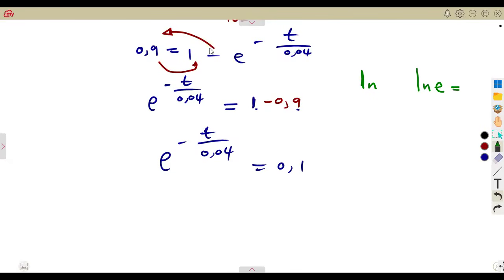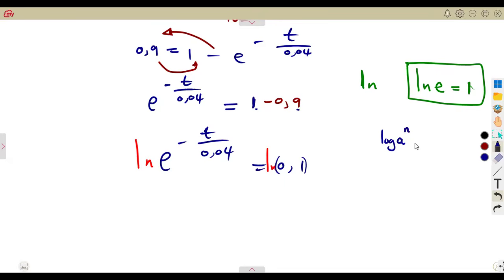By introducing the ln on this side, and also introducing a ln on this side, what is going to happen? Remember, the logarithm of a to the exponent of n is the same as n log a. So the same thing, ln a to the exponent of n is n ln a. The exponent here will be dropped down. You drop that exponent, so it will be minus t over what?